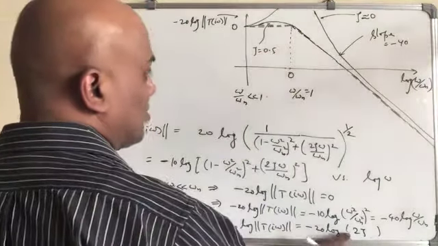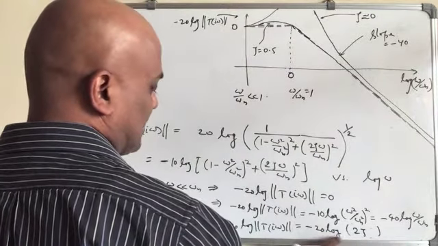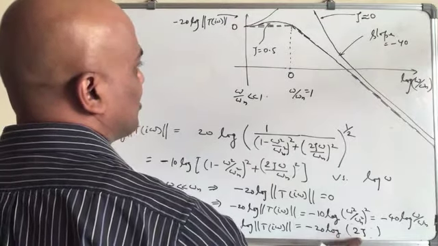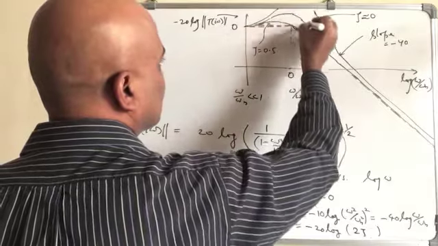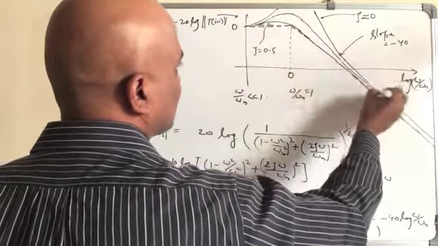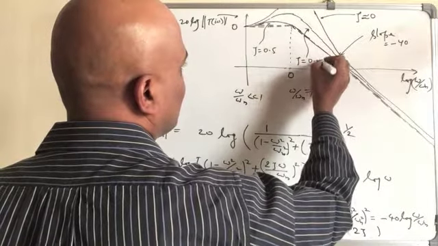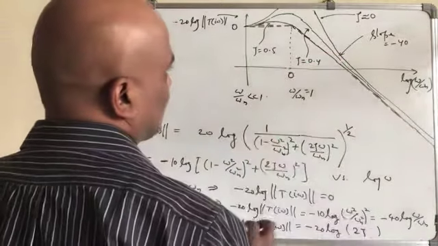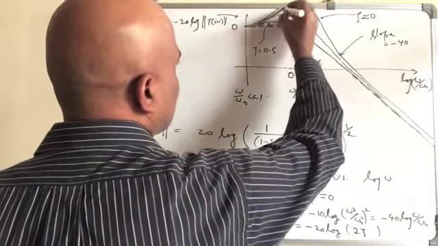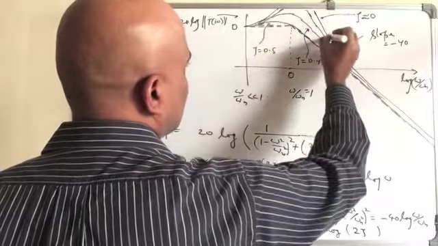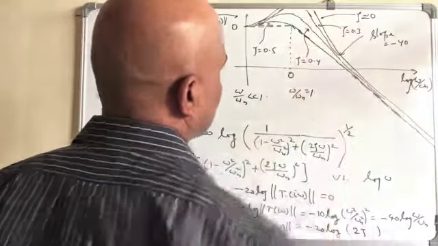Now in between, let us say zeta equals 0.4, for example. Then this may go like this. So this is zeta equal to 0.4, and this one could be for zeta equal to 0.3, and so on.